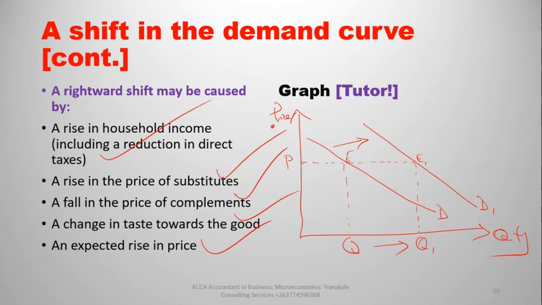When the demand curve shifts to the right, you can see that the quantities demanded increase. But when the demand curve shifts to the left, the quantities demanded will decrease. Are we together, ladies and gentlemen? Okay.